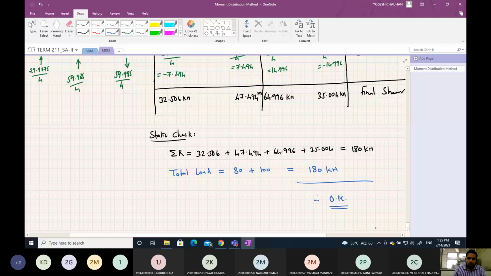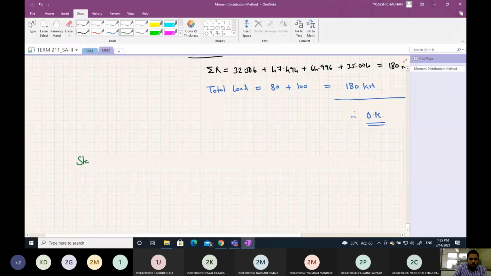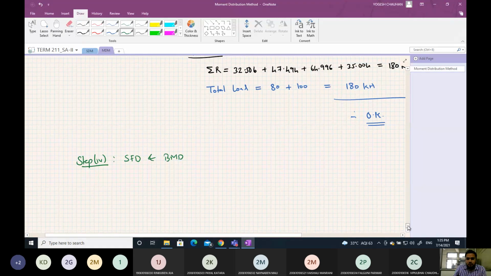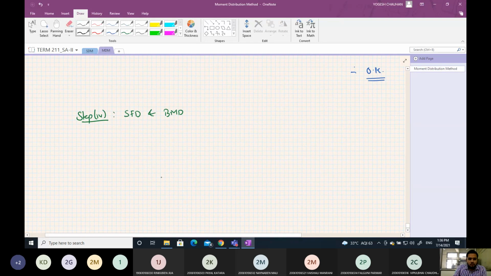Now you can draw the shear force and bending moment diagram in the next step. To draw the bending moment diagram, let us first write all the values here.